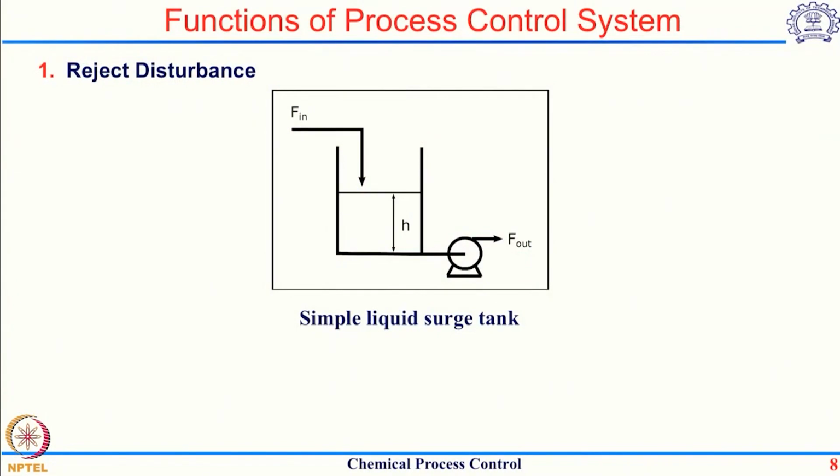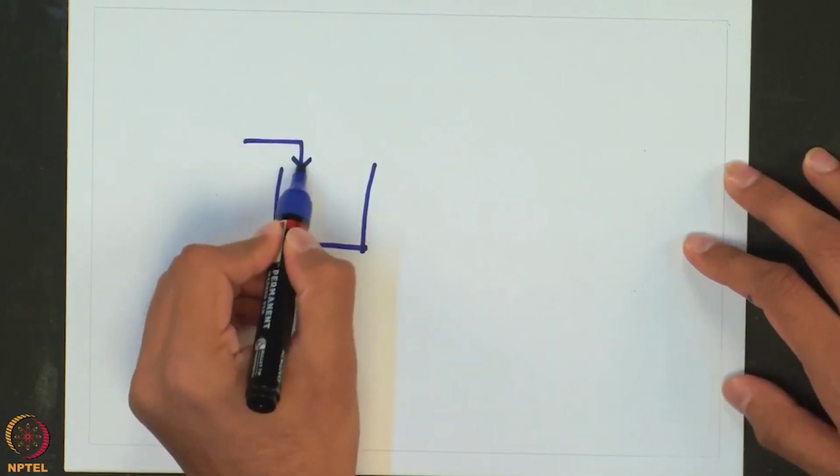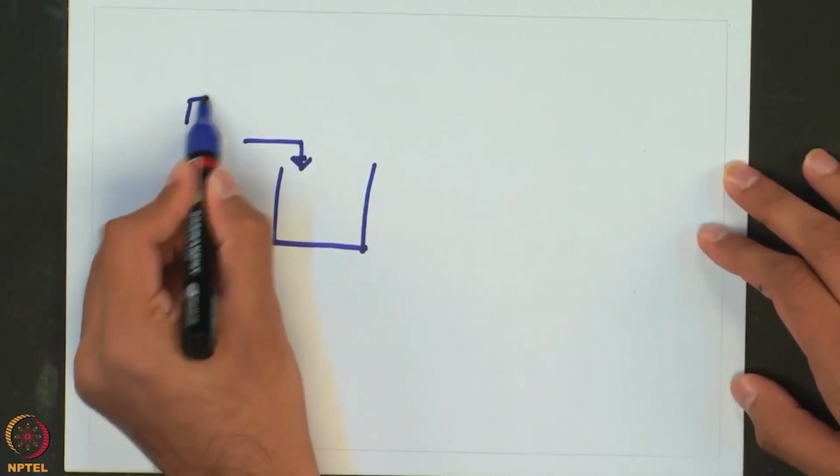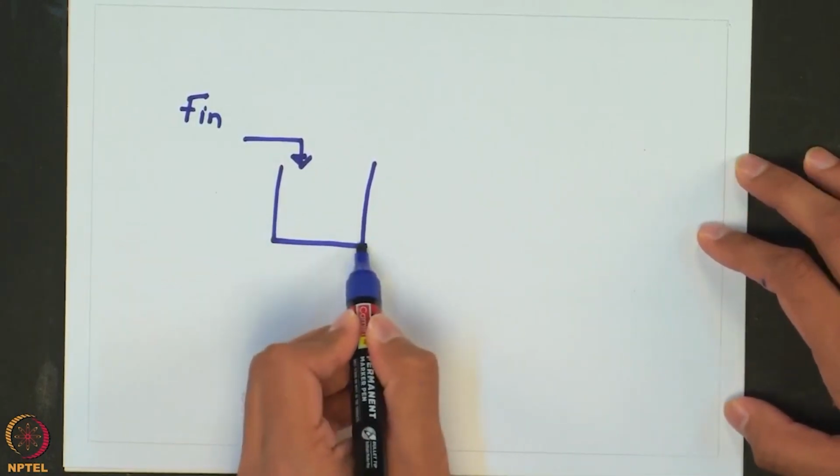So to motivate that, let us consider an example of a liquid surge tank. It is a very simple example, and most of the time we will be resorting to this example when we try to explain a particular concept. So let me explain this particular system to you. A liquid surge tank is a tank which has liquid coming in at a certain flow rate, let us say F in, and liquid goes out.